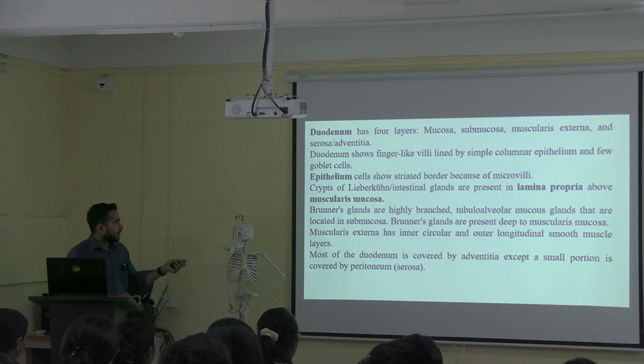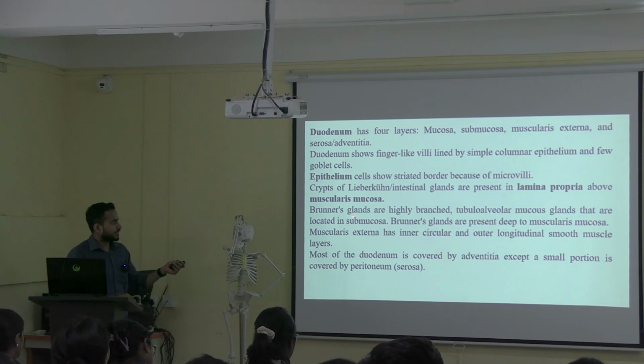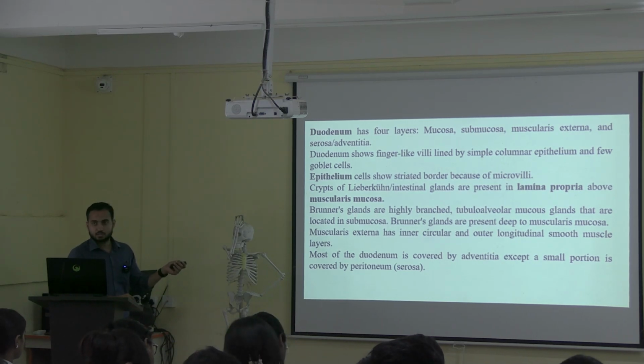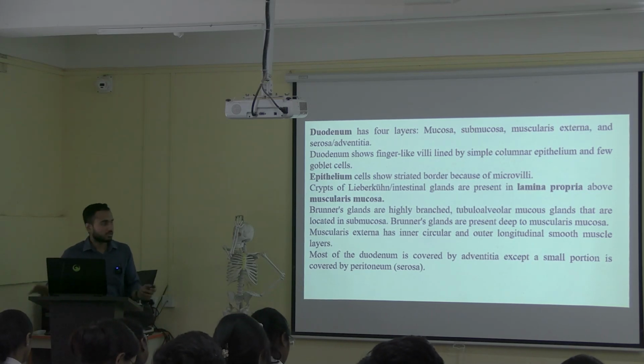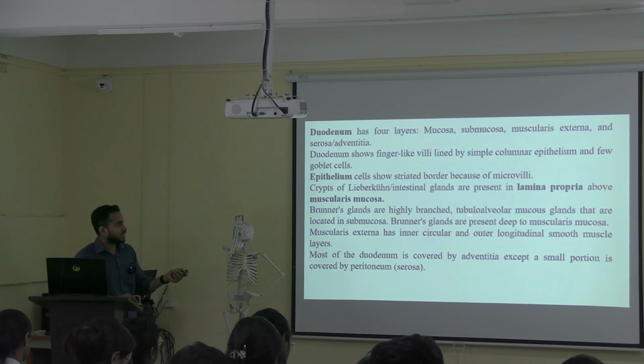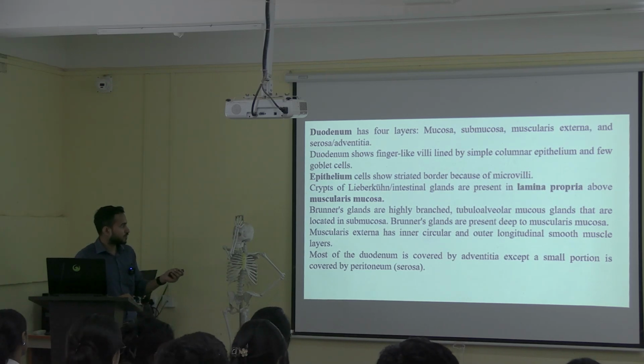Next, if you see the submucosa, this is the most important identifying feature for the duodenum, that is the presence of Brunner's gland in the submucosa. Now these glands are highly branched tubulo-alveolar mucus secreting glands, located in the submucosa, deep to the muscularis mucosa.